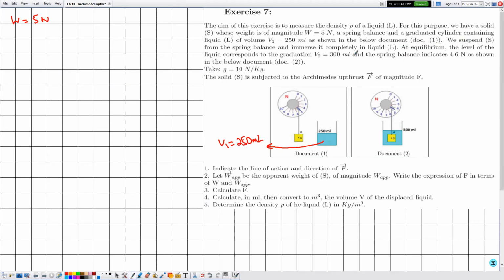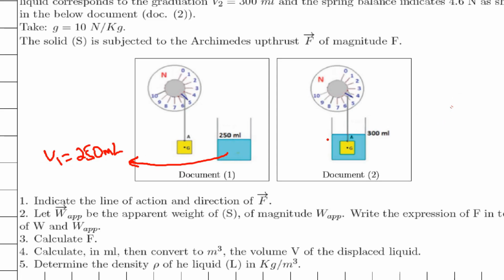Now we suspend S from the spring balance and immerse it completely in a liquid L. At equilibrium, the level of the liquid corresponds to the graduation V2 equal to 300 milliliters, and the spring balance indicates 4.6 newtons as shown in document 2. So they mentioned document 2, now we can use it. The solid S is completely immersed, as we can see.